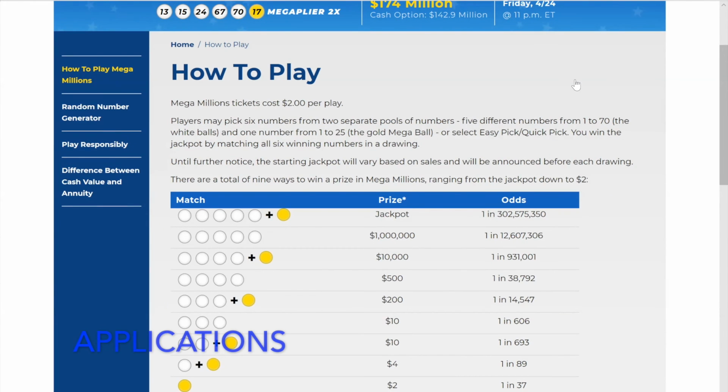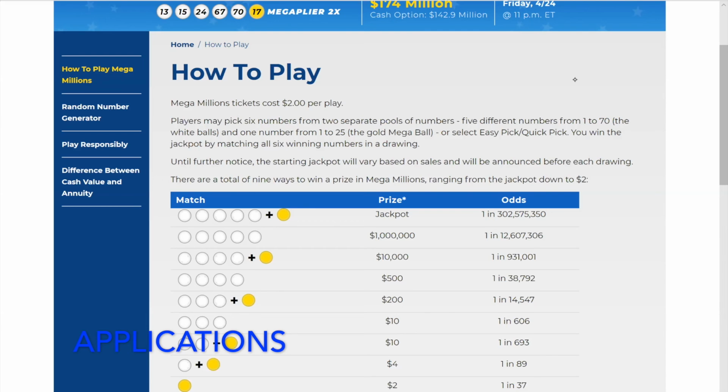A player may pick 6 numbers from 2 separate pools of numbers: 5 different numbers from 1 to 70, the white balls, and 1 number from 1 to 25, the gold Mega Ball.